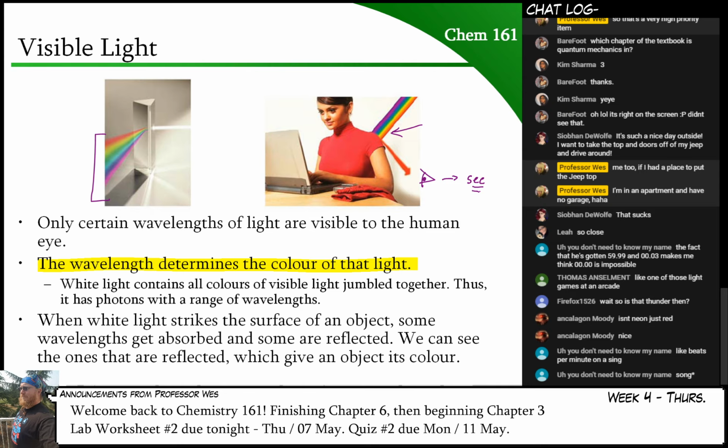And when that light hits your eye, you see it. The light interacts with retinol, which is a substance that is in your eye. It flips a molecule, and then that signal goes to the brain, which your brain interprets as, oh, that's red.